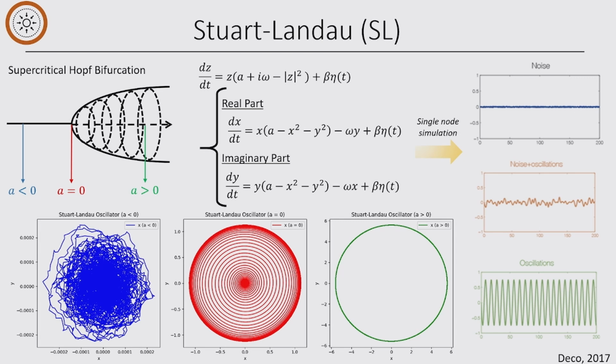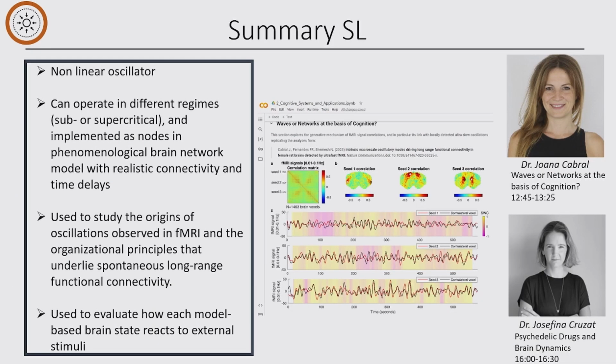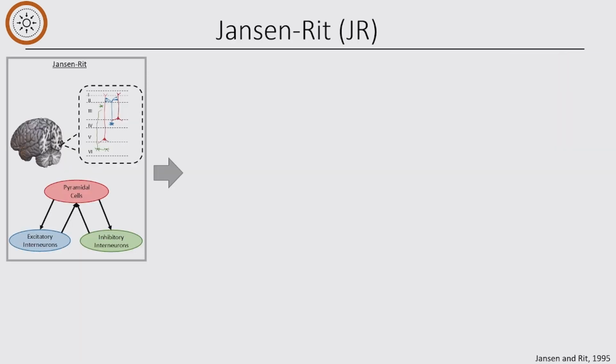I won't comment any more on it right now. Really looking forward to Joanna's talk, by the way. She has some really amazing scientific results over the last few years. Okay, so that was Stuart-Landau.